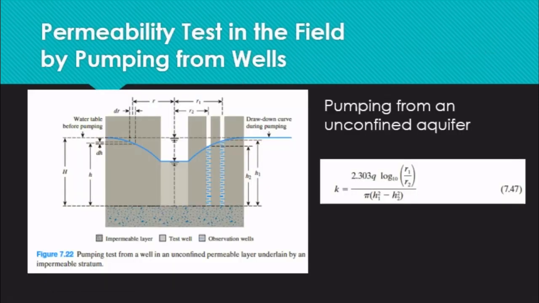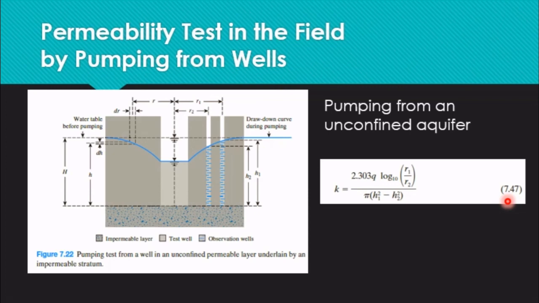Malapit na tayong matapos pero meron pang dalawa. Yung permeability naman sa pumping wells. Ito ginagamit sa mga construction ng high-rise building na may deep foundation. Ibig sabihin, may piles o pilote na gagamitin, kailangan hukayin ng malalim. Pag hinukay mo, normally or sometimes, yung groundwater table ay mataas, so may tubig dun sa site mo.